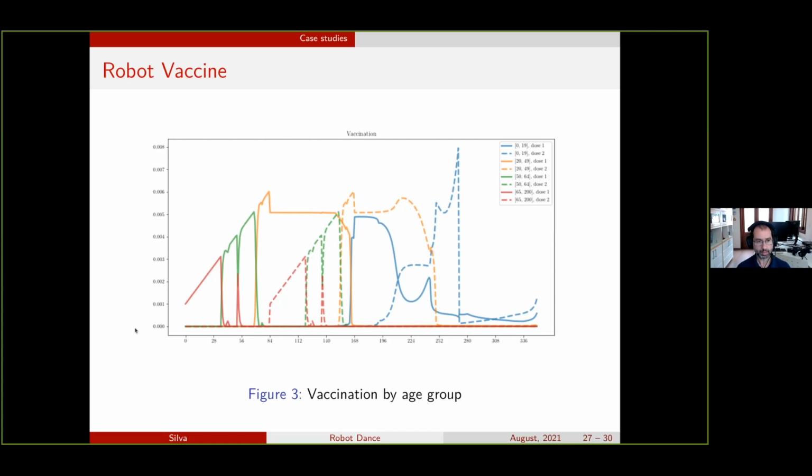Because the number of days between the first dose and the second dose is 84 days, which is exactly 12 weeks, and you see that this is basically the delay that you have for every single group, except at the end, because at the end you already gave the first dose to basically everyone, then you just start giving the second dose as soon as you can, because there is no reason for you to postpone the second dose.